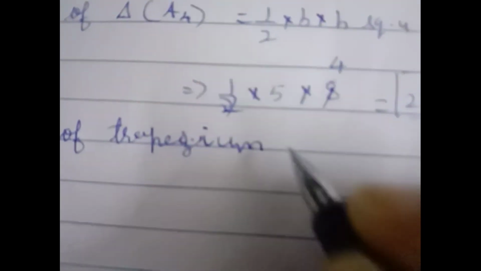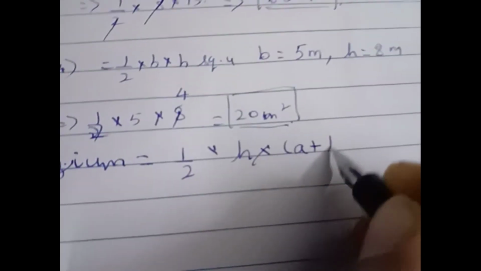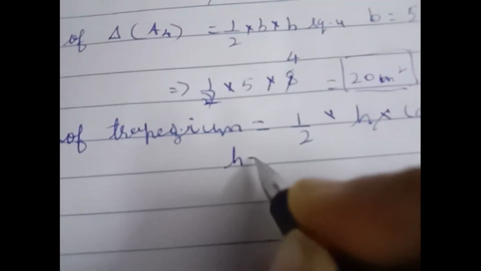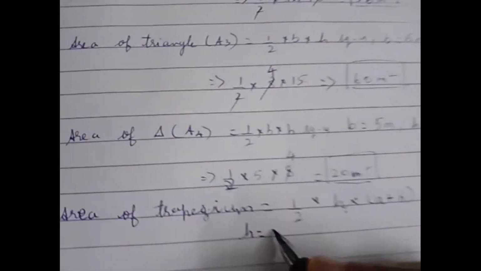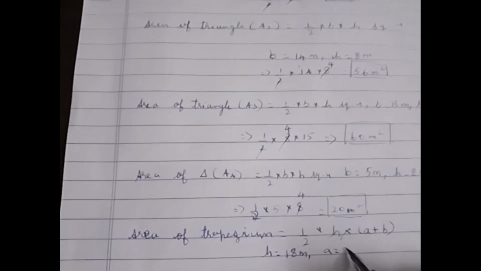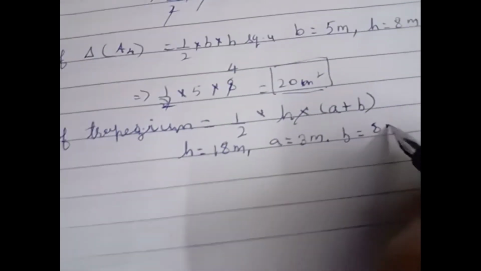Area is equal to half into h into (a plus b). h is equal to 18 meter, a is equal to 3 meter and b is equal to 8 meter.